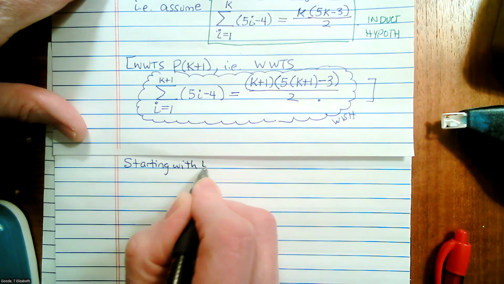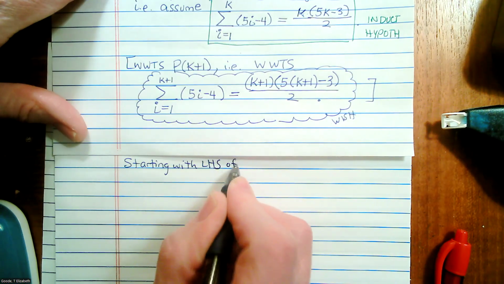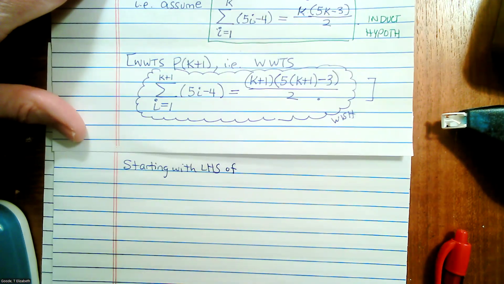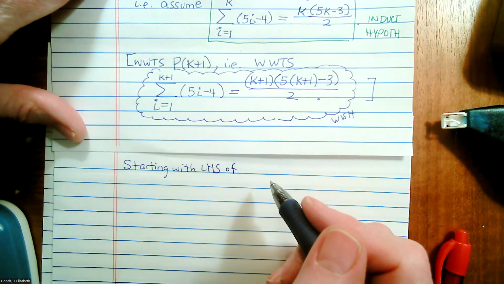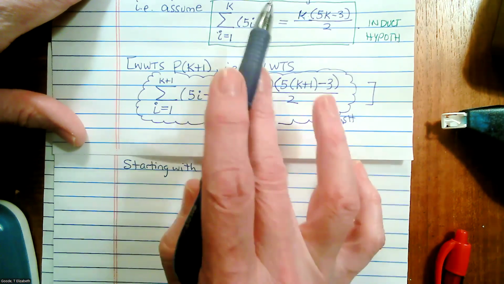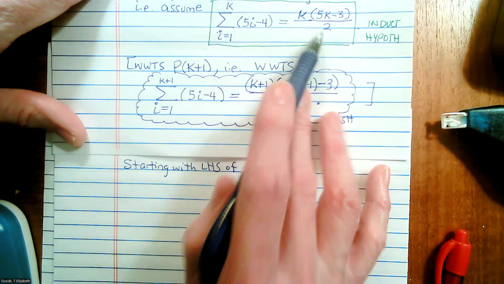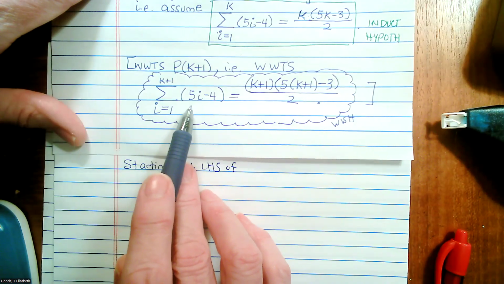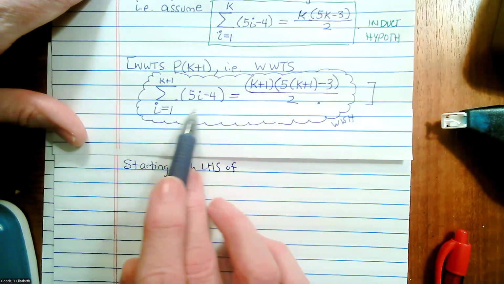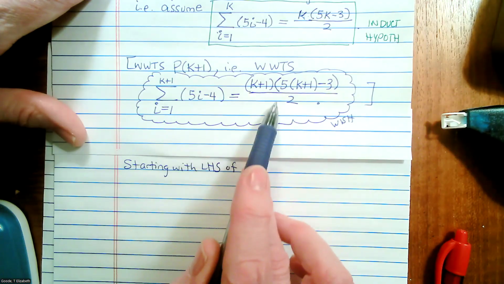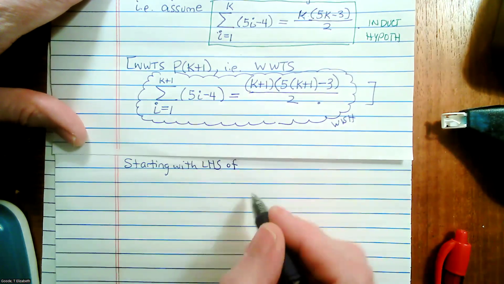Starting with the left-hand side of what? The inductive... Okay, we know this, but that's not what we want to prove something about. We want to start with this and turn it into that. Does that make sense?